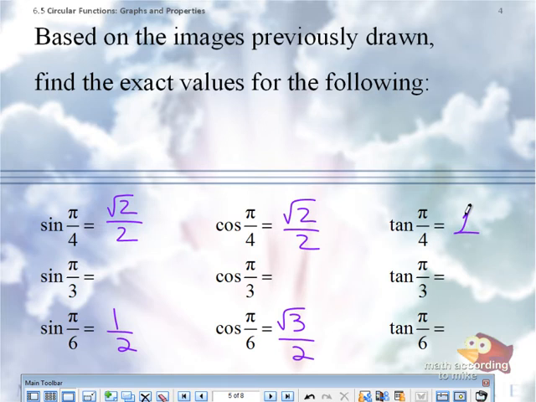So the sine of one is equal to the cosine of the other. So if the cosine of pi over 6 is radical 3 over 2, then what's the sine of pi over 3? Radical 3 over 2.